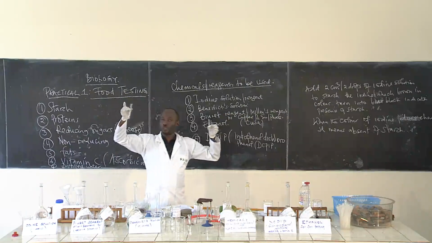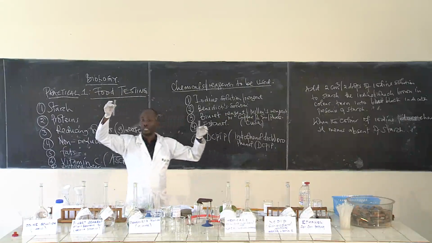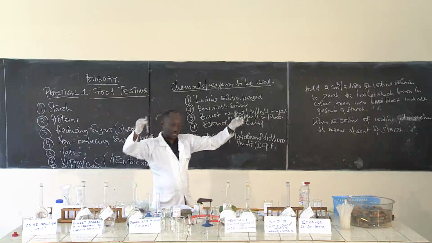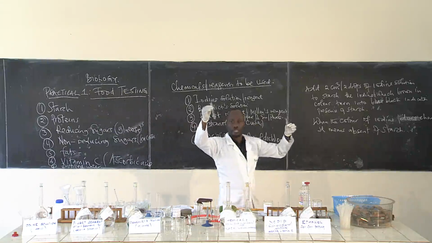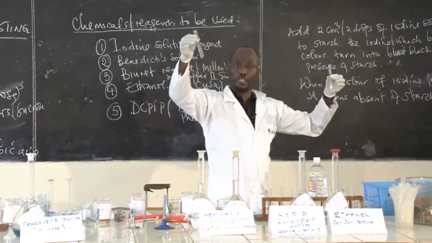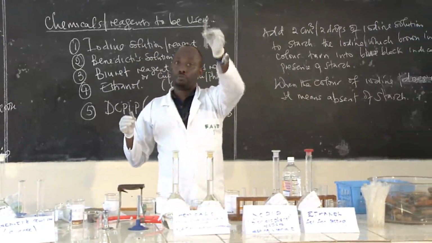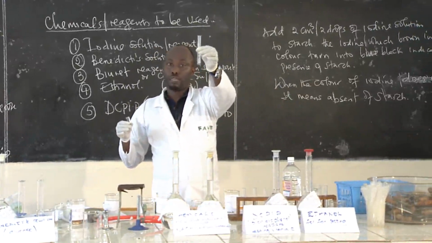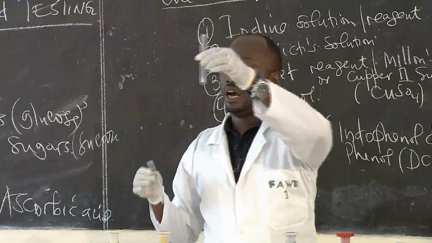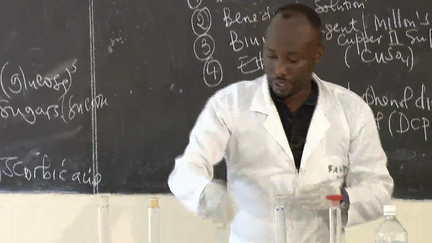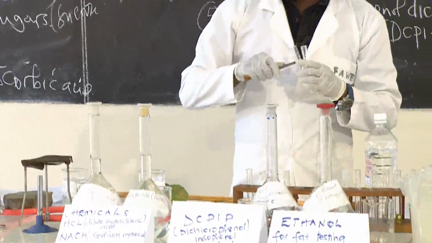In one I will put water, which is acting as a control experiment, which tests negatively. And in this one I will put something like a protein, and observe. Let us try to do it and see.